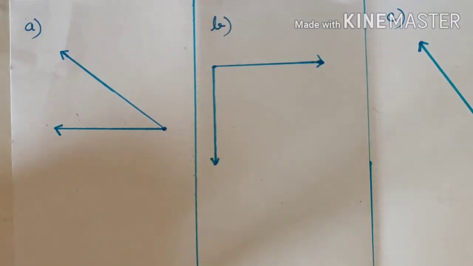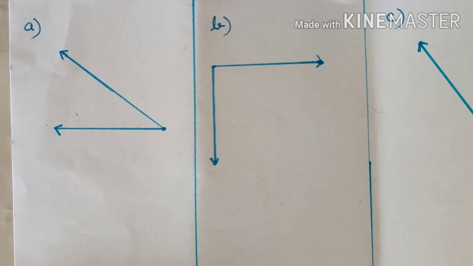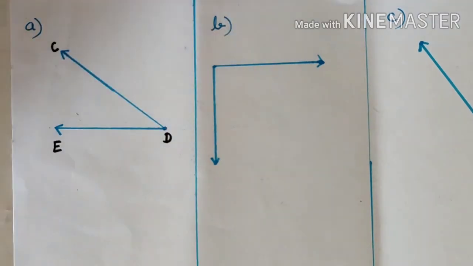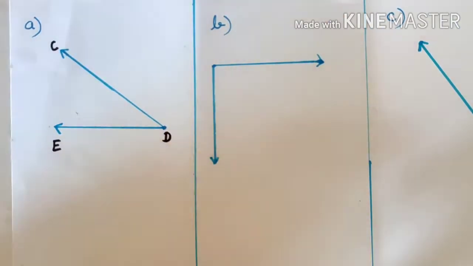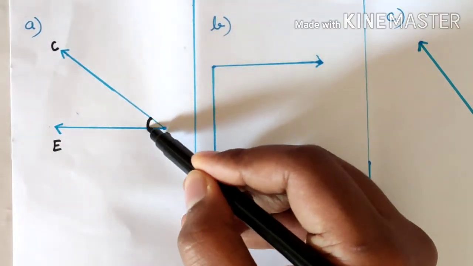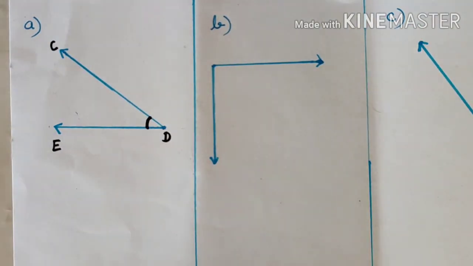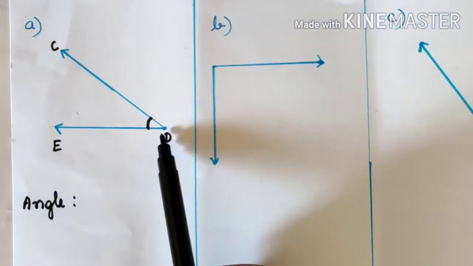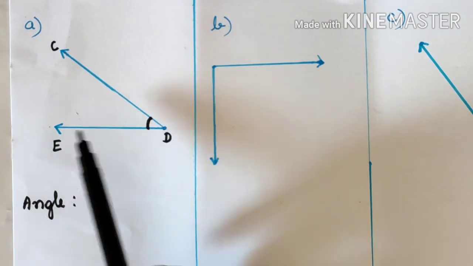So let us solve the first problem. You can see the picture and the sides are named as C, D and E, and the angle is formed at D. First we have to write the angle. Let us write the angle. Angle CDE or EDC.